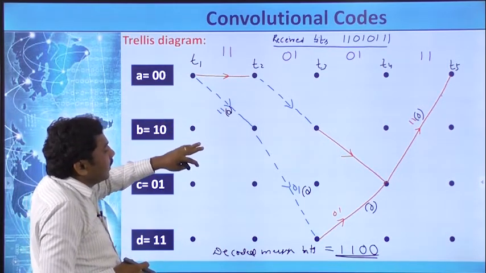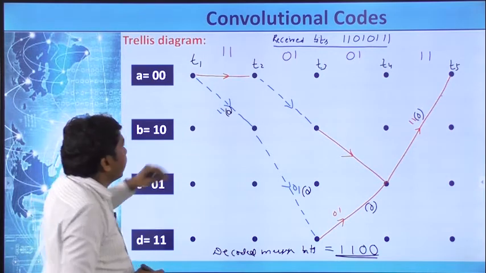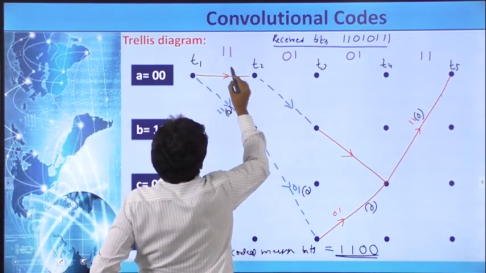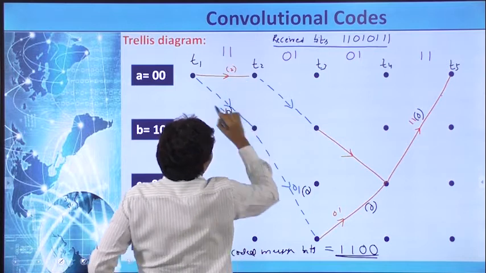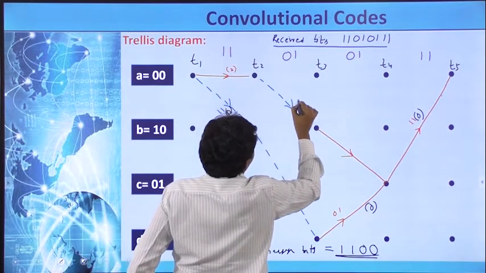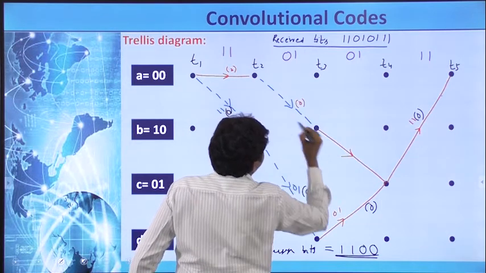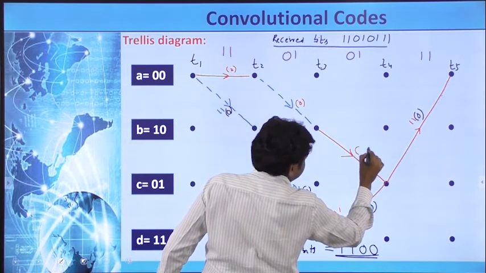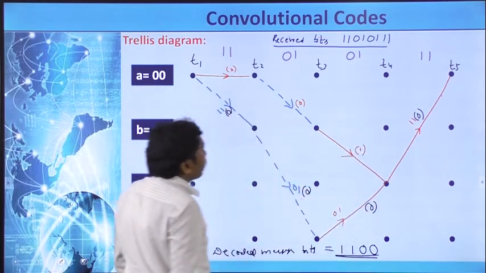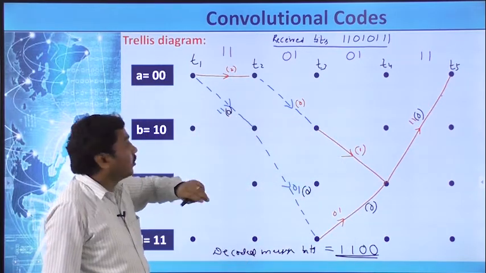How to calculate the decoded message sequence? Here I am assuming the metrics, let us say this one is 2, this one is 0, this one is 1. You can assume this, for example.